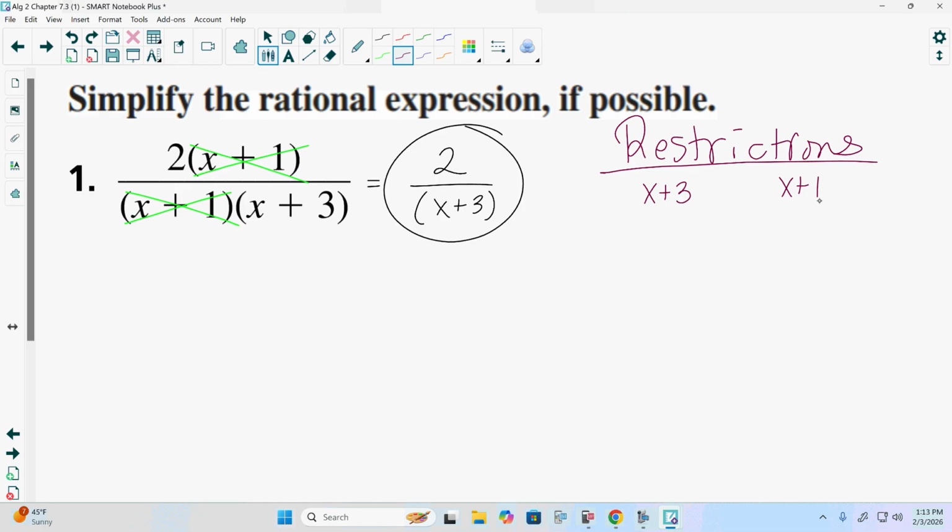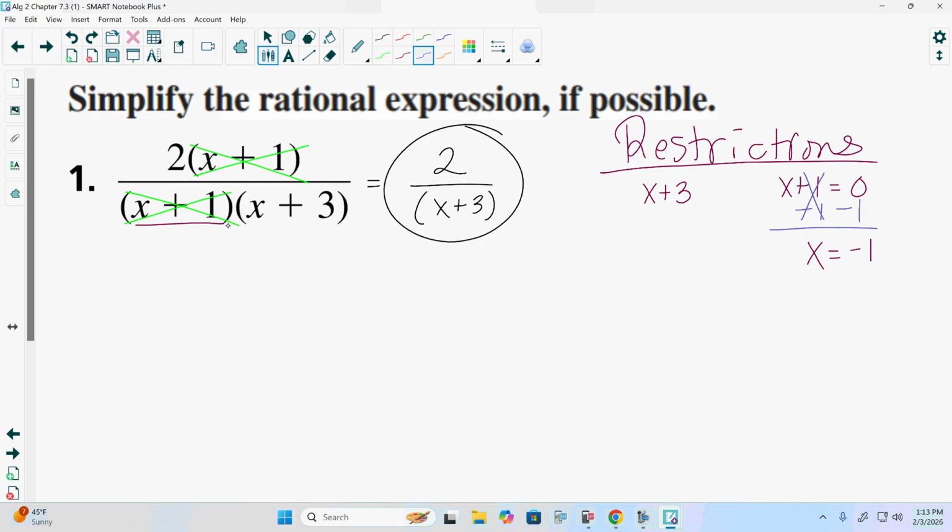Now with the x plus 1, to find that value, well, we set it equal to 0 and see what value of x would make it be 0. For this here, we would subtract 1, telling us that if x is -1, it would make this expression be 0, which would turn the whole denominator to 0.